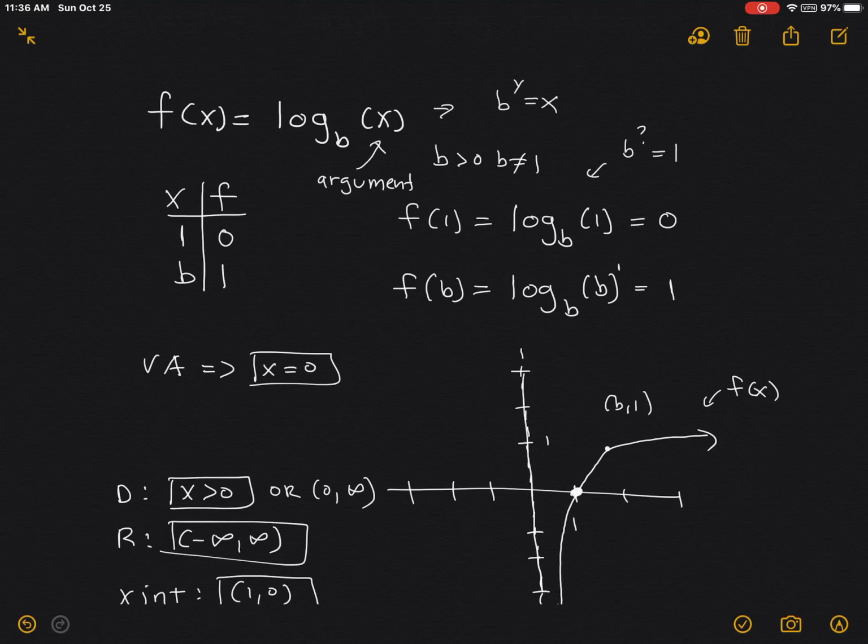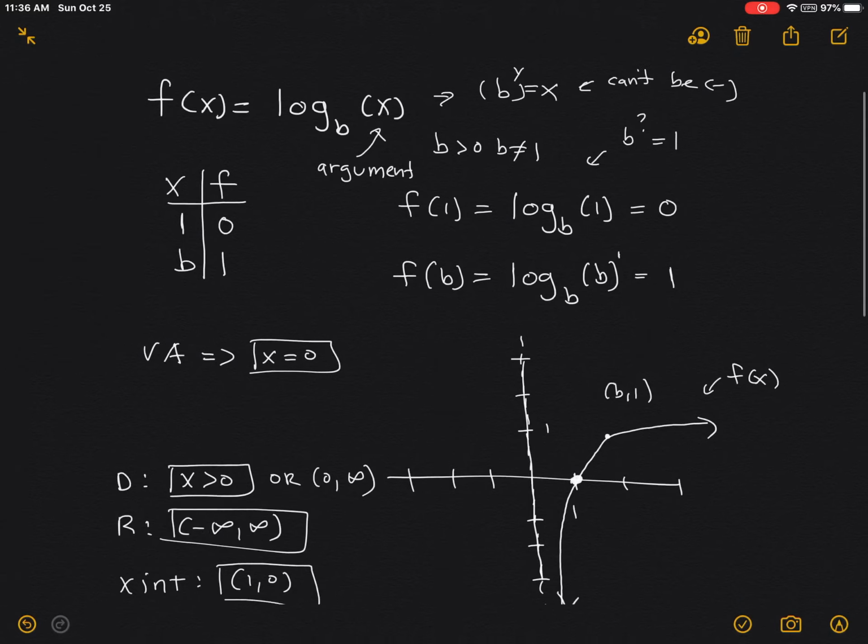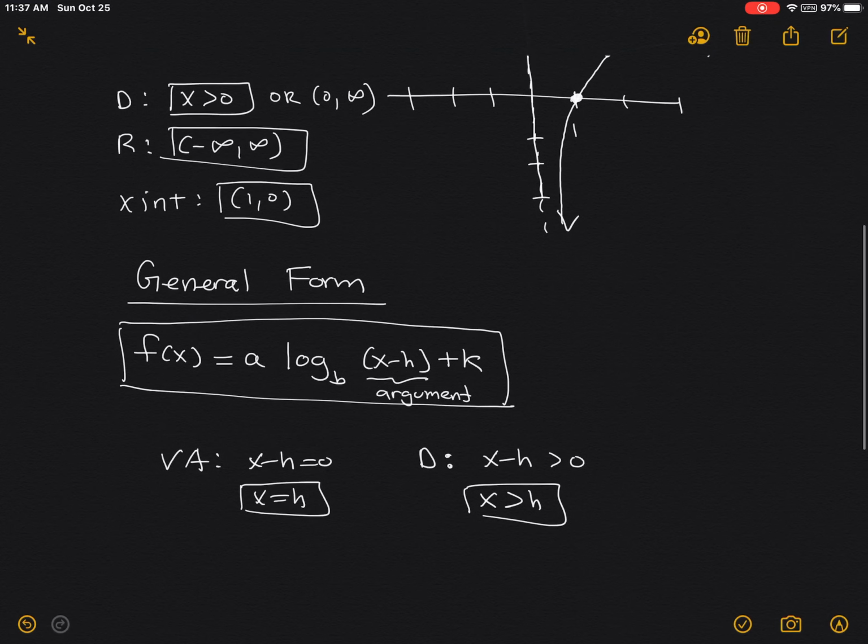You can't exponentiate this b such that you get x as a negative number. x can't be negative, doesn't matter how you exponentiate with your power of y. You can't raise this side to any exponent such that x is a negative number. That's why for the domain of a log function in this form, you always solve by setting the argument greater than 0, and then you solve.